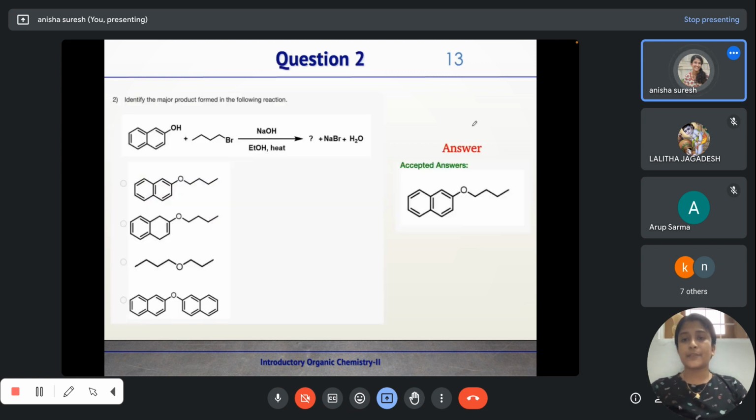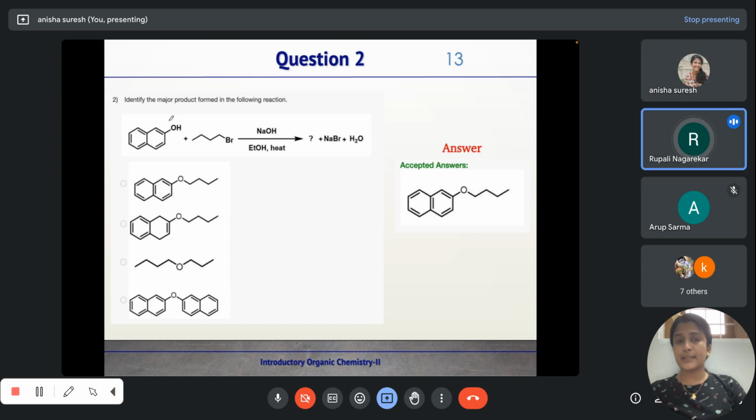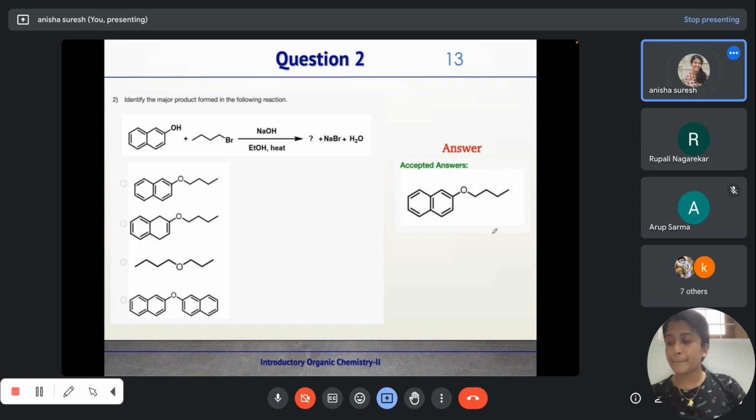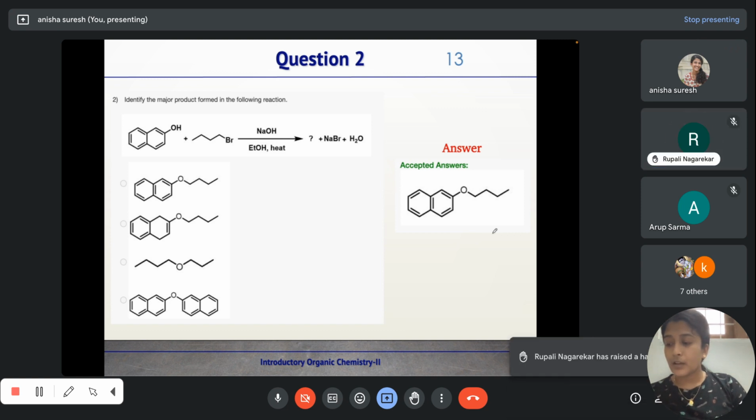So the right answer will be option A. NaOH will abstract this proton, followed by the anion attacking in SN2 fashion at this alkyl halide. It will result in the formation of this product. Hello? Anyone having doubts?